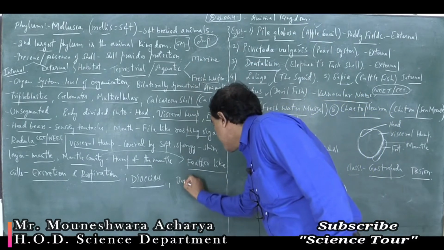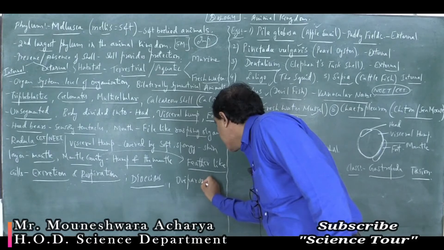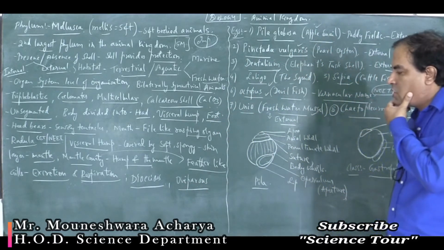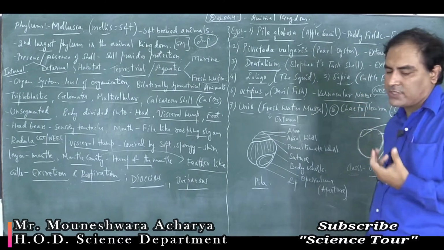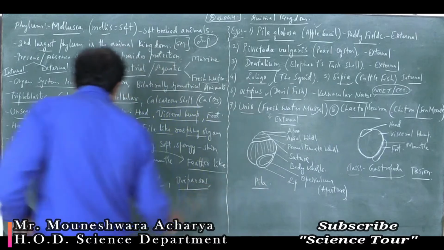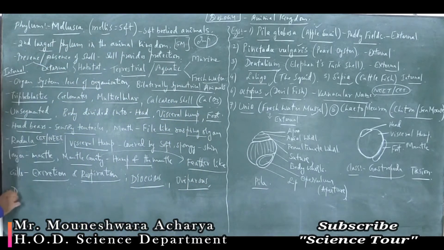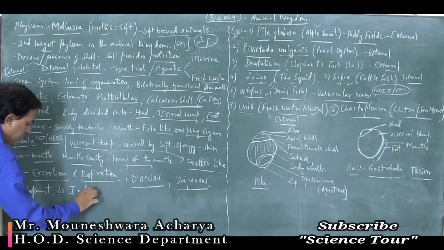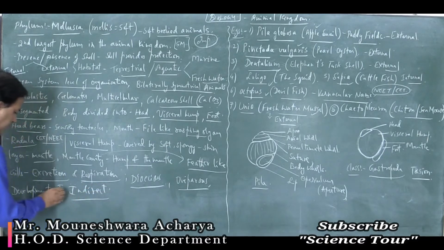Oviparous means they lay eggs. Viviparous means give birth to the young ones. Oviparous with indirect development. So development is indirect, that means they have larval stages.